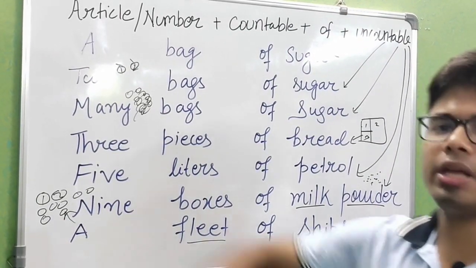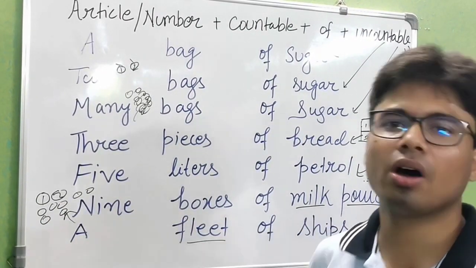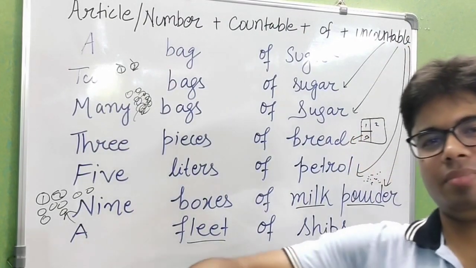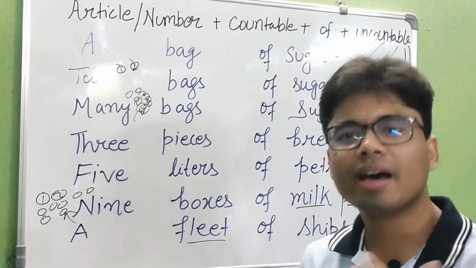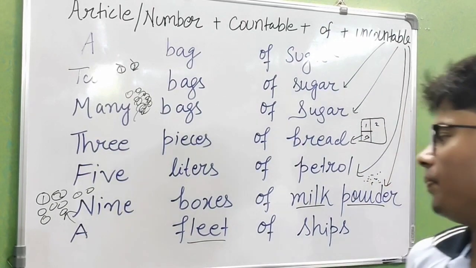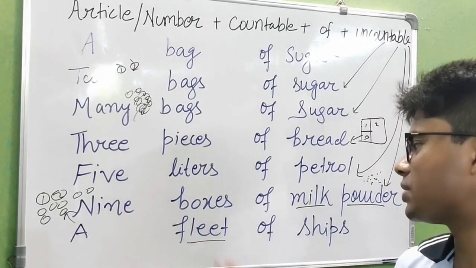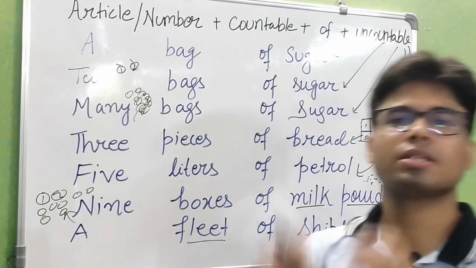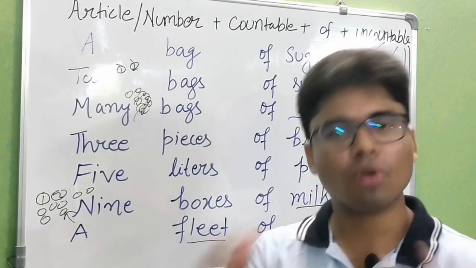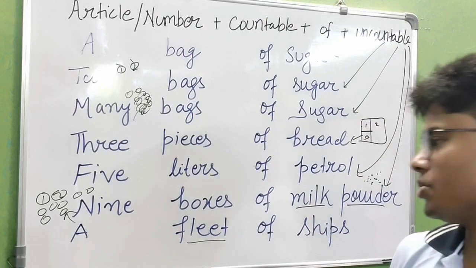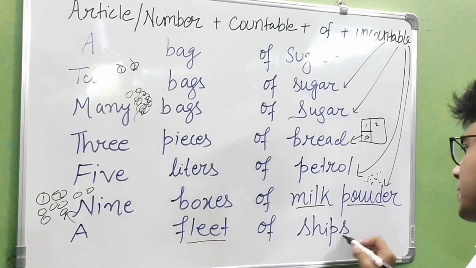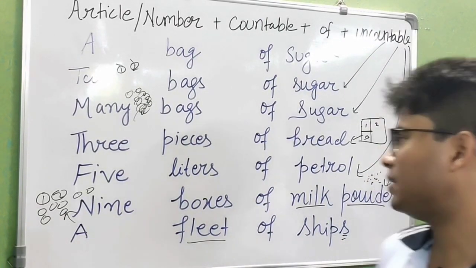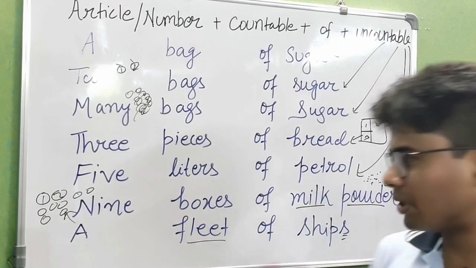A fleet is showing their congregation or, let's say, their group, okay, their group. So in the place of group you have to use fleet, because that is more appropriate, more adequate, no issues. A fleet of ships. So ships can be calculated. So this is an example of countable noun.